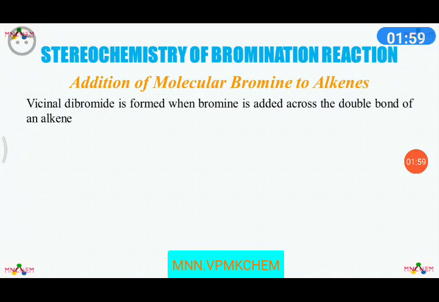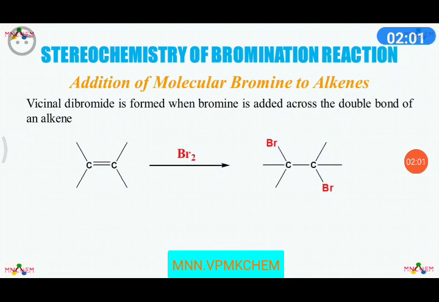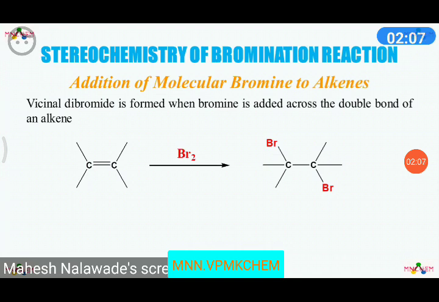A general reaction is represented like this, where molecular bromine is added across the carbon-carbon double bond and we get a vicinal dibromide. Vicinal means the bromines are attached to adjacent carbons.